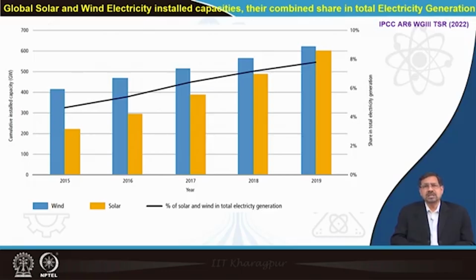So, this is increasing, and this is good news that we have more than 16% capability in terms of electricity generation from these two alternate energy sources, solar and wind, as far as the globe is concerned. That means here is the potential for generating green energy, and that can be triggered towards mitigating climate change as far as the energy sector is concerned.